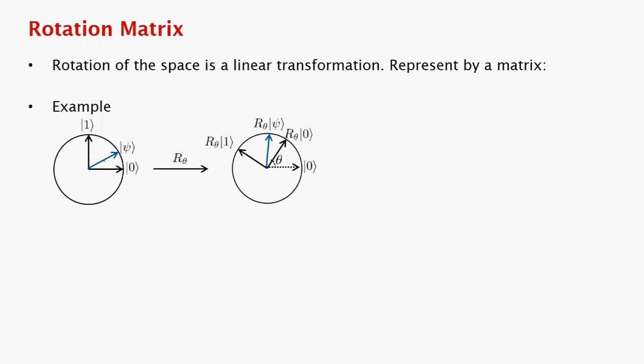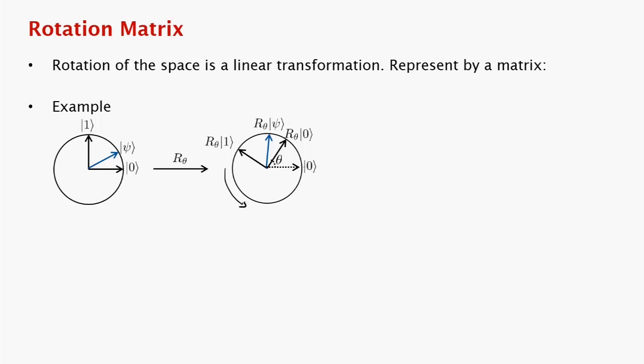And now we perform a rotation of the space through an angle theta. So what this means is we are rotating the state 0 to this new state, which makes an angle theta. But of course, the entire picture is getting rotated through an angle of theta.